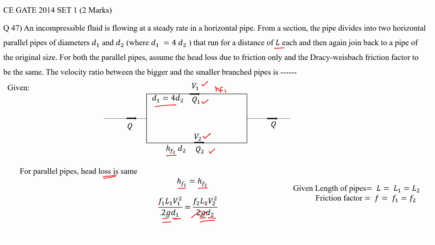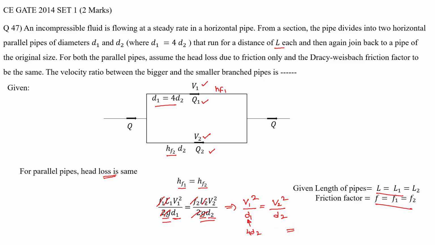Let's see what I can do. I can cancel straight away. Here also I can cancel because F1 and F2 are equal and L1 and L2 are equal. So what are we left with? V1 square by D1 equals V2 square by D2. As we know, D1 equals 4D2.